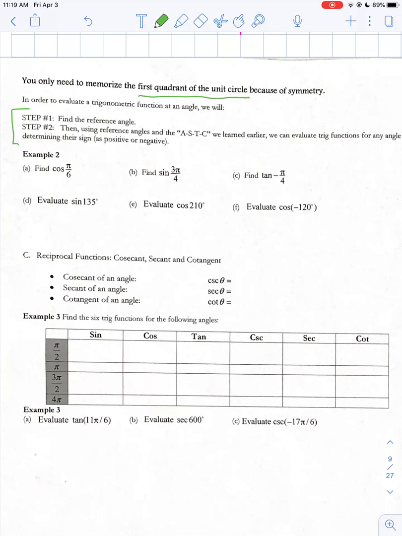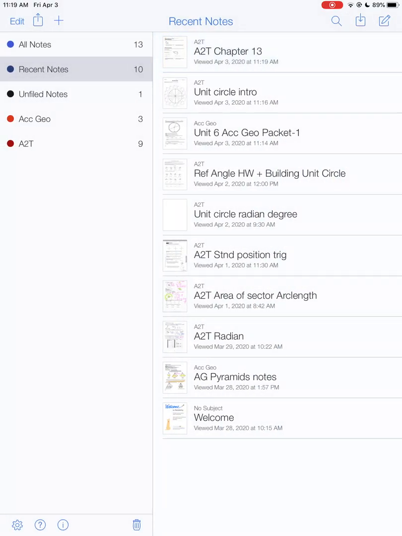So for example, cosine of pi over 6. The reference angle for pi over 6 is in the first quadrant. If I don't have this value memorized yet, I associate cosine with the x coordinate. Let me show you. This is the unit circle that we populated the day before.